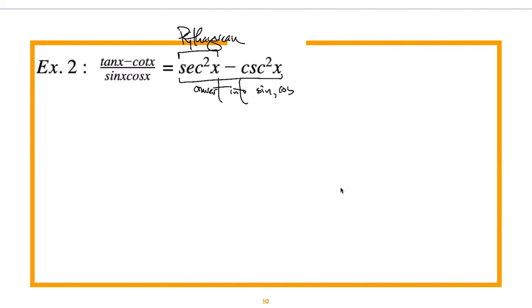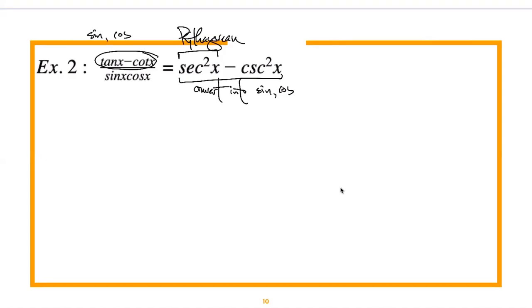And you turn those into sine and cosine? Yeah, so like sine over cosine minus cosine over sine. Yeah, for sure. Okay. So it sounds like we've got some ideas. I think we could pick any one of those and it would be totally fine. Let's go ahead and convert the left-hand side actually and see where that takes us.